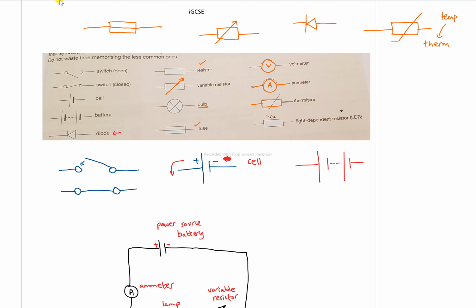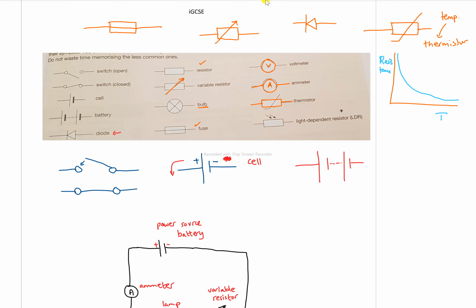And the thermistor is a resistor that changes a lot. Resistance changes a lot with temperature, and you'll come across this graph. So this is temperature, and this is resistance. But we'll come across that whenever.